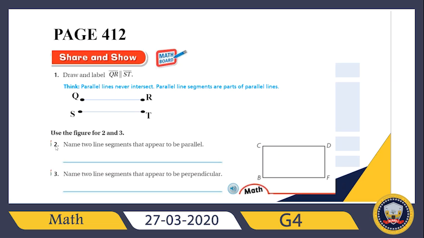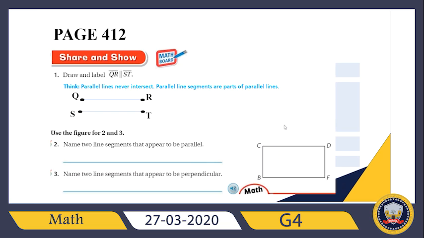What about the next question? It says use the figure for 2 and 3. Name 2 line segments that appear to be parallel. Remember parallel. So they will never intersect and the distance between these 2 parallel lines will always be the same. So if you want, you can write line segment BC and line segment DF are parallel, or there is one more option to write parallel segments.